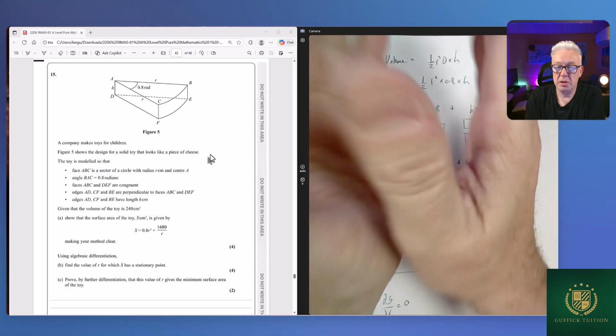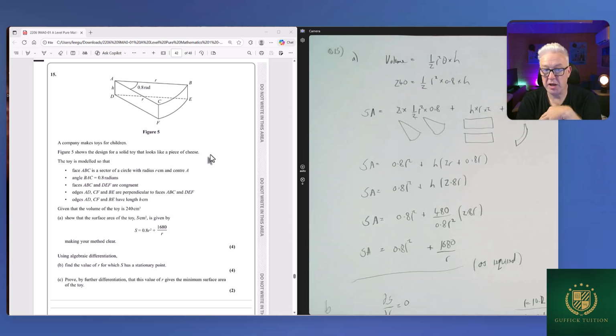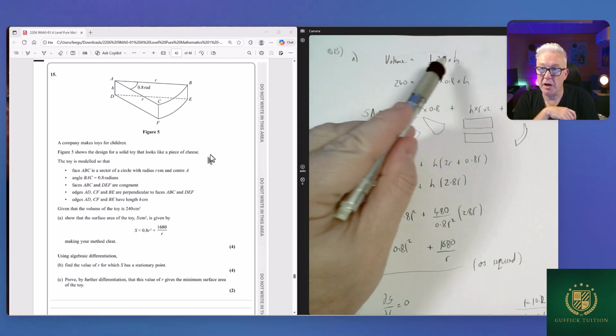Now, in terms of the approach for this question, they're going to give you maybe the volume and then ask you to find an expression for the surface area, which is what we've got in this particular situation. So the key is there's two steps. Step 1, you need to write an expression for the volume, which will be in terms of at least two variables, in this case r and h.